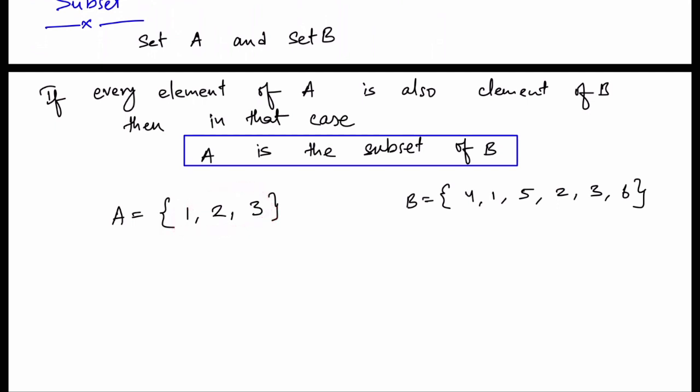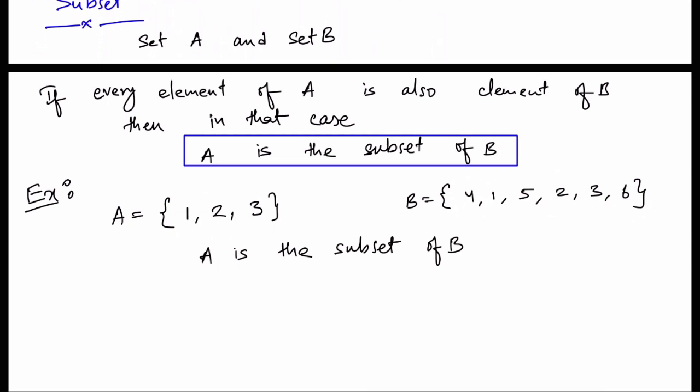These elements also belong to set B. So every element of A is also an element of B. That means I can say that A is the subset of B.